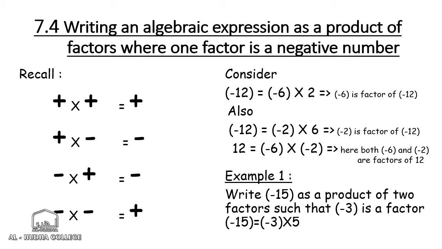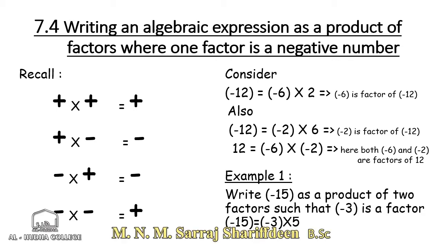Similarly, minus 12 also can be written the other way, minus 2 into 6. Minus 2 is negative and 6 is positive, so minus into plus, you get a minus. Therefore, minus 2 into 6 is minus 12. So it can be written this way also.